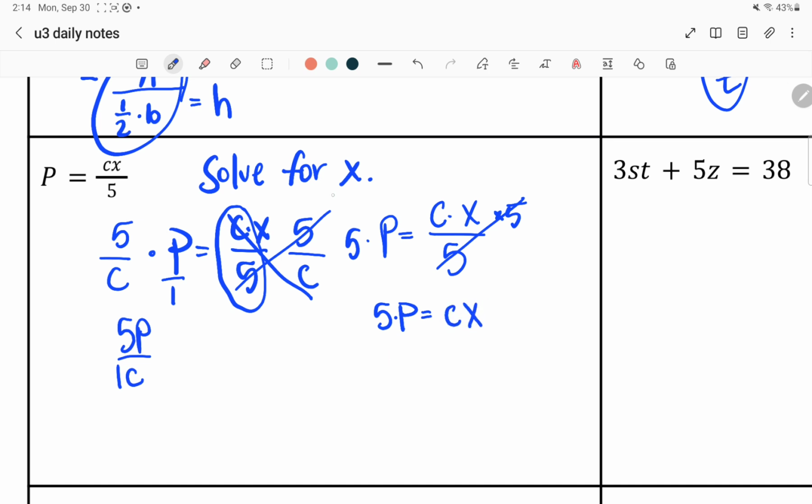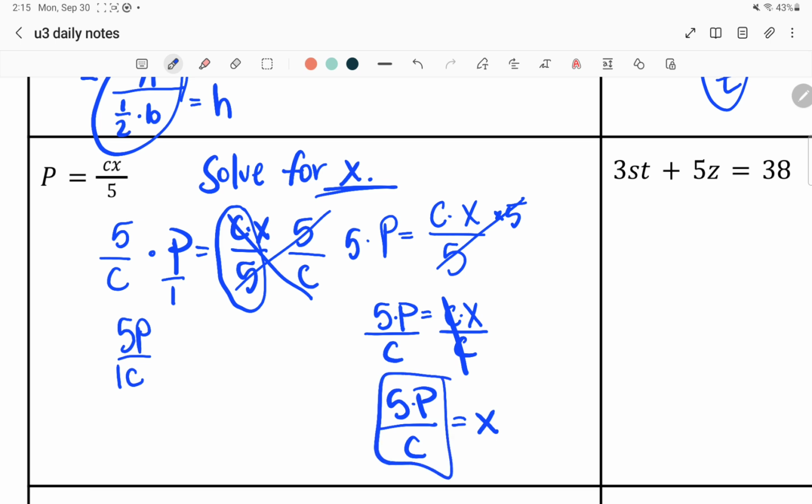And I'm trying to solve for x. C is being multiplied by the x, so I'm going to divide by c on both sides. Cancels out on my right, and I'm left with 5 times p over c equals x all alone, meaning 5 times p over c is my answer. And notice that's exactly what we got over here too. Just we added an extra step.